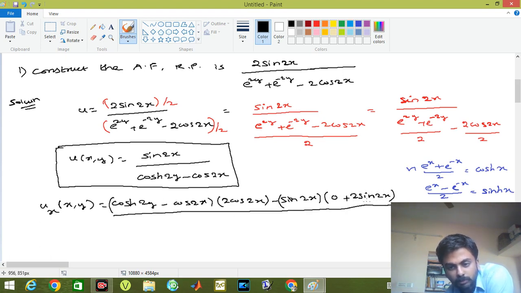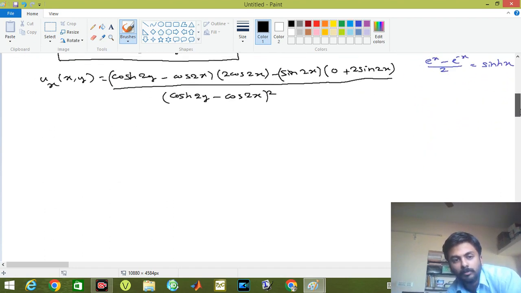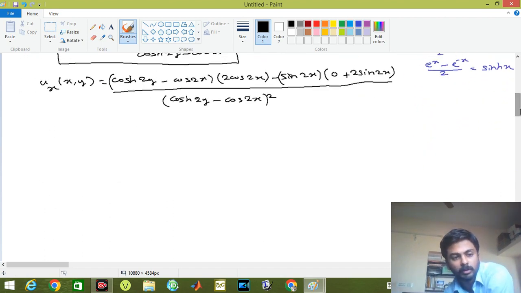V square is cosh 2y minus cos 2x the whole square. So we will get u x of x comma y.